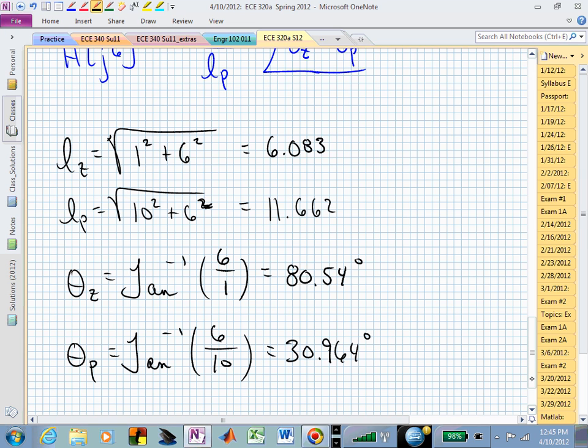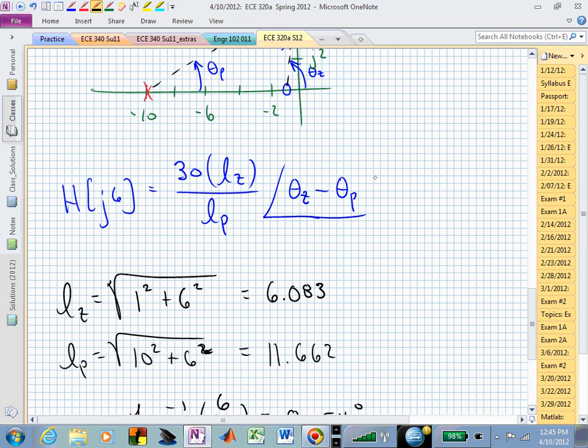If we plug all of that in up here, the magnitude is 15.65, and the angle is 80 minus 31, or a little bit more than 49 degrees.